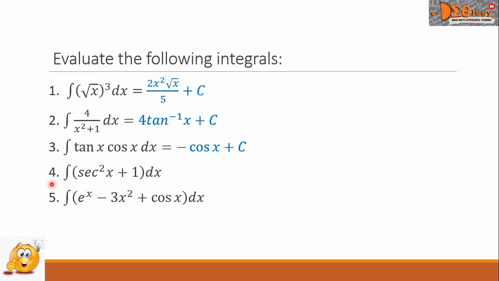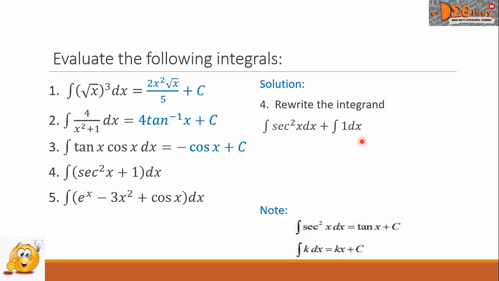Let's go now to problem number 4. The integral of the quantity secant square x plus 1 dx. We're going to take the integral of the terms of the functions. So we have the integral of secant square x dx plus the integral of 1 dx. In here, we're going to use two formulas.